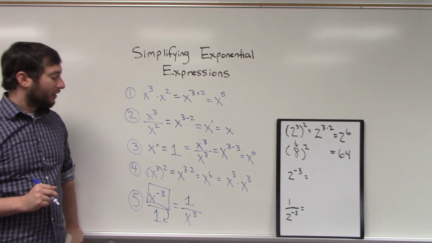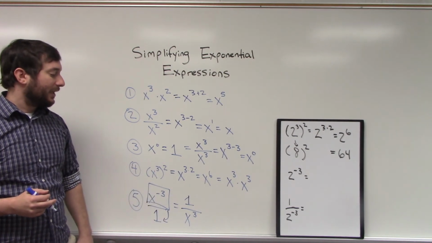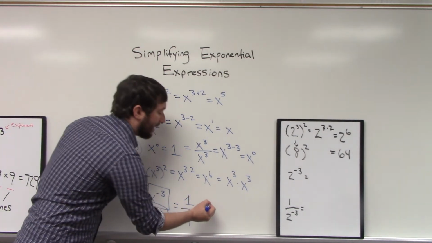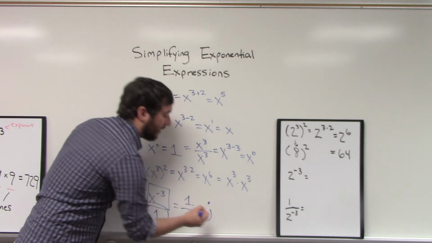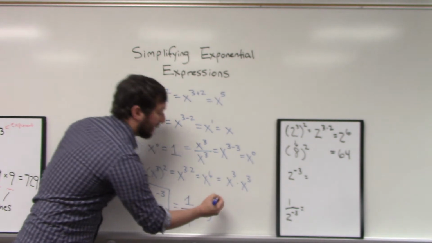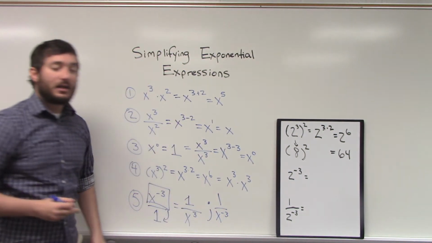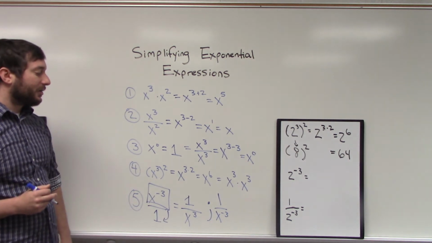And if we instead, so this is one way to look at the problem, if we instead had a negative exponent problem that had our negative exponent starting in our denominator, so an example of that would look like this. Okay. Notice that our negative exponent is in our denominator.